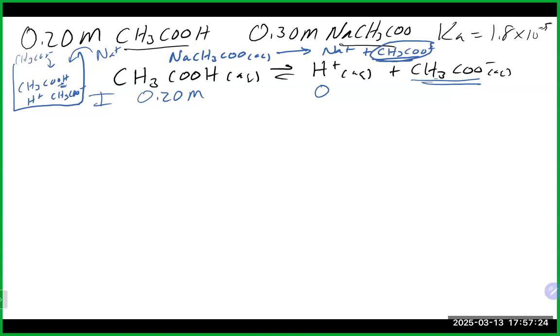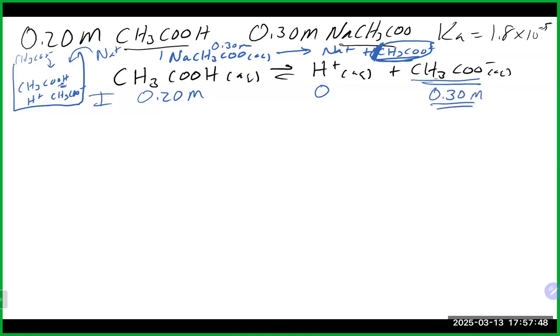The sodium acetate supplies an initial concentration of the acetate. This is 0.3 molar, which means it's a 1-to-1 relationship between the sodium acetate and the acetate, so the acetate would be 0.3 molar.